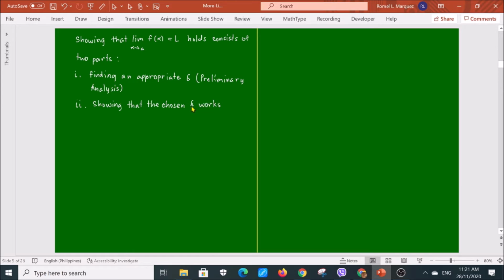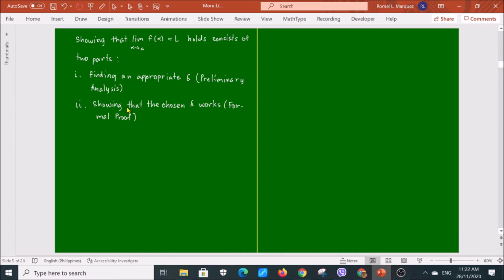So you have to show that this delta that you have chosen really works. So that's formal proof. So this is now the formal proof. Okay? So let's do that.